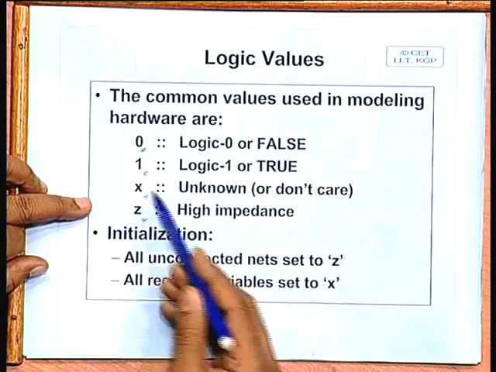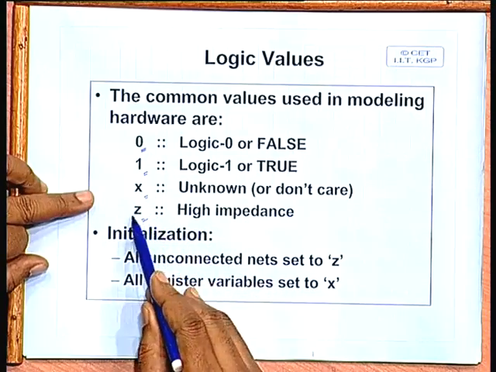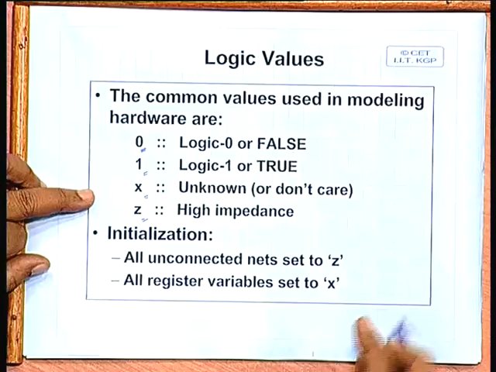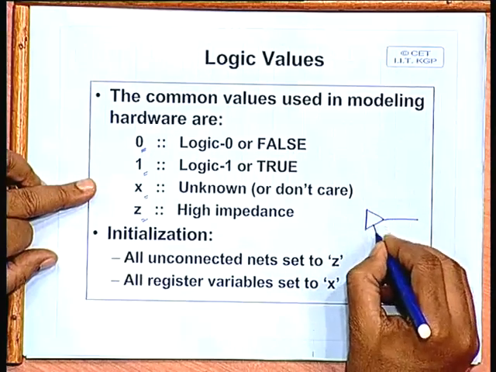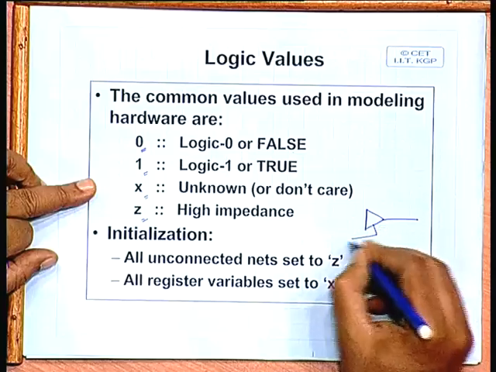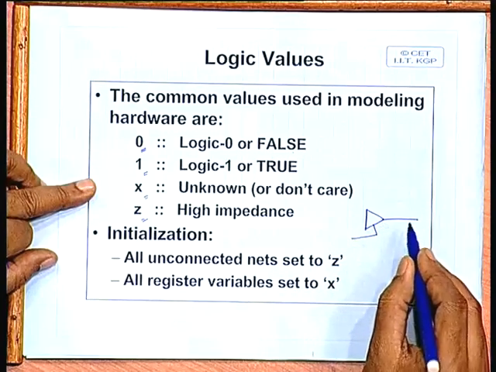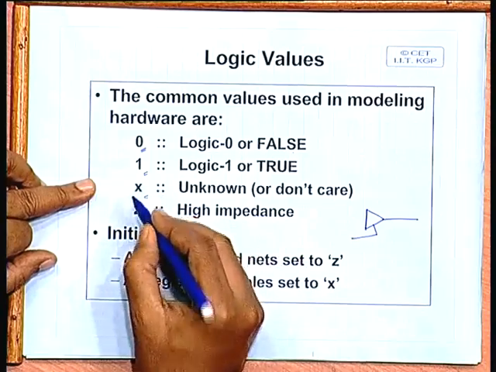So unknown and high impedance are different. When you say that the state of a line is at high impedance, you know for certain that the driver of that line has a tri-state capability, and that tri-state control is currently disabled. So this line is really at a high impedance state. But when you say it is x, you really do not know whether the line is at 0 or 1. So there is a difference.